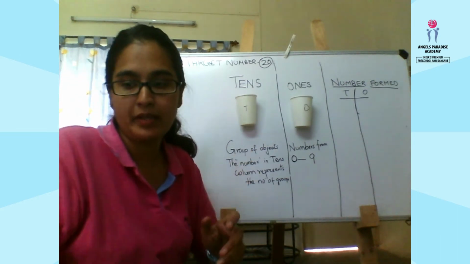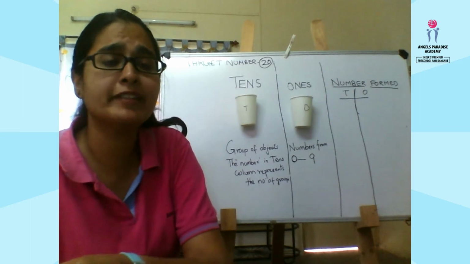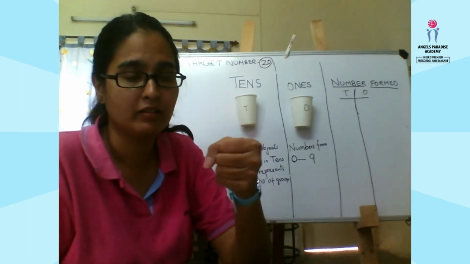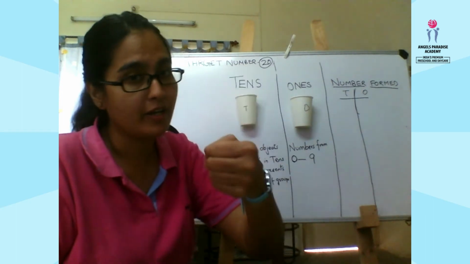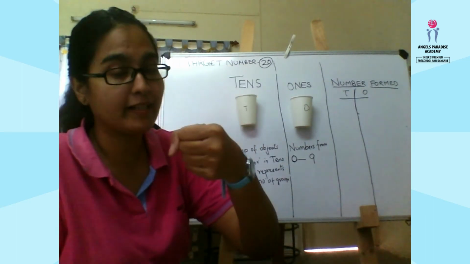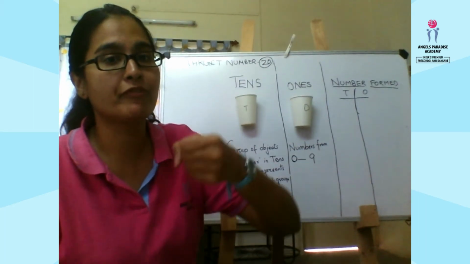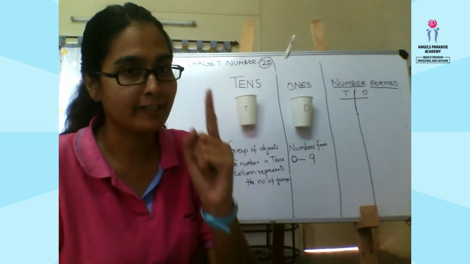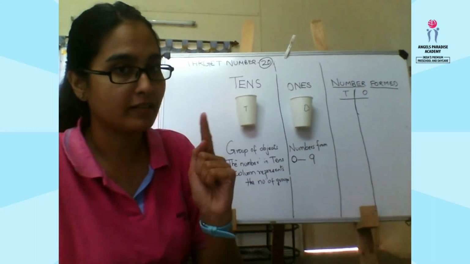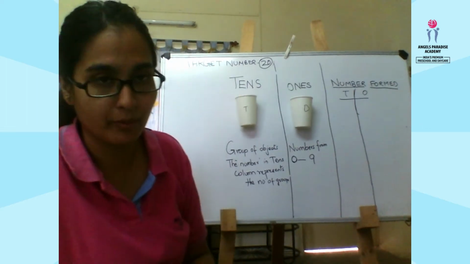For example, if I have exactly 10 straws in my hand, not more than 10 and not less than 10, then I can form one group of 10 straws. That group of straws, I will be placing in the tens column.